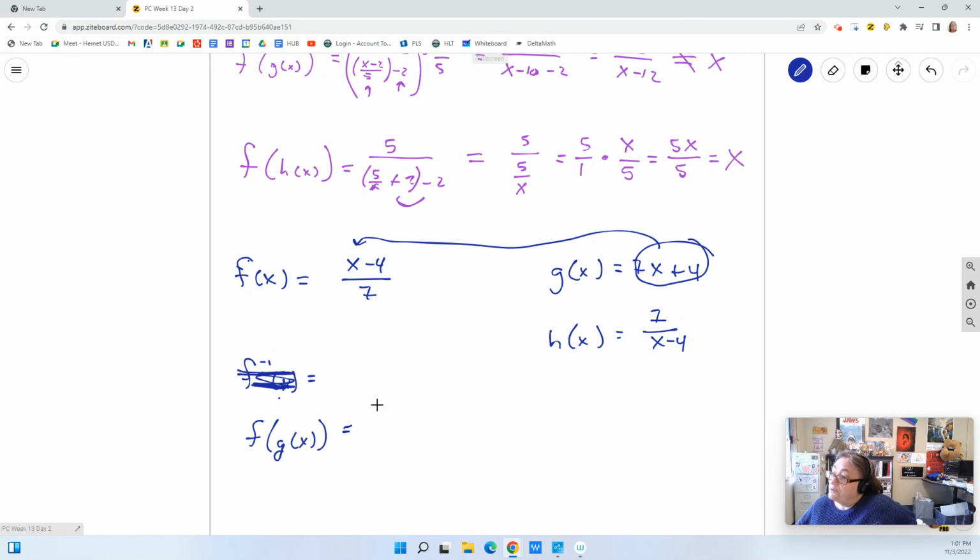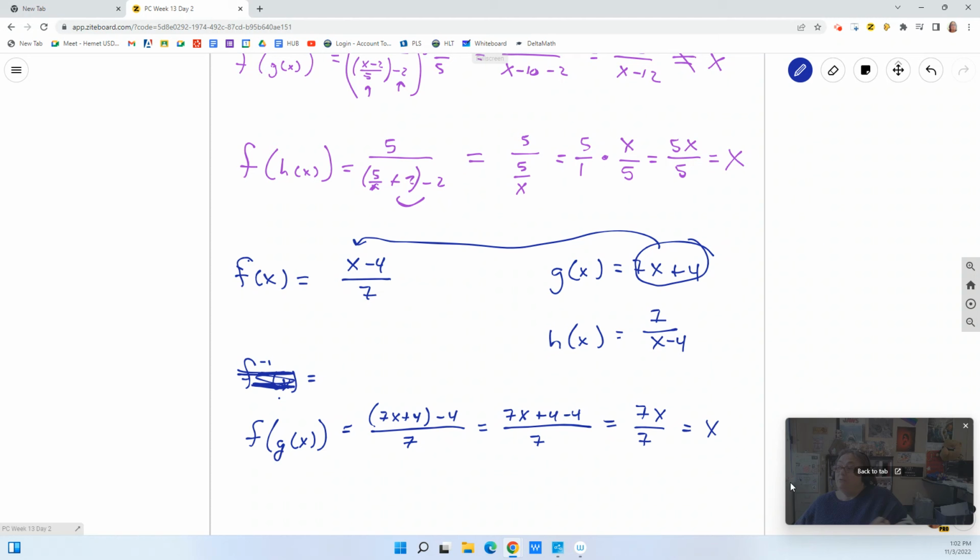So I have x minus 4. Where that x is, I'm going to put in 7x plus 4 minus 4 over 7. And I'm telling you right now, it's already looking good. Because when I rewrite that top part, I have 7x plus 4 minus 4 over 7. And 4 minus 4 is just 0, which gives me 7x over 7, which is just x.